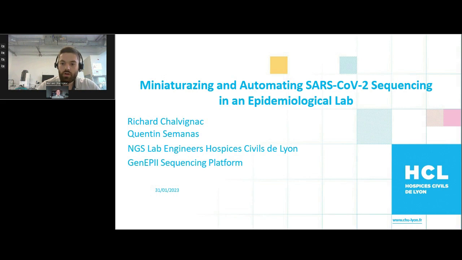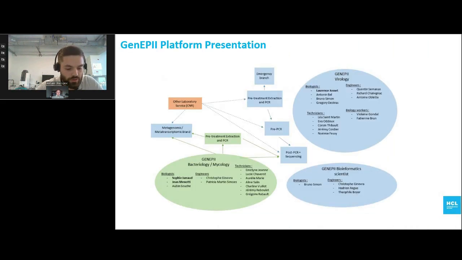So I'm going to quickly introduce you to the GenEpi sequencing platform. First, GenEpi stands for, in French, Epidemiological, Genomic, and Infectious Diseases. We are a microbiological sequencing platform for public health based in the Infectious Agents Institute in Lyon. As you can see on the slide, the platform is composed of two parts.